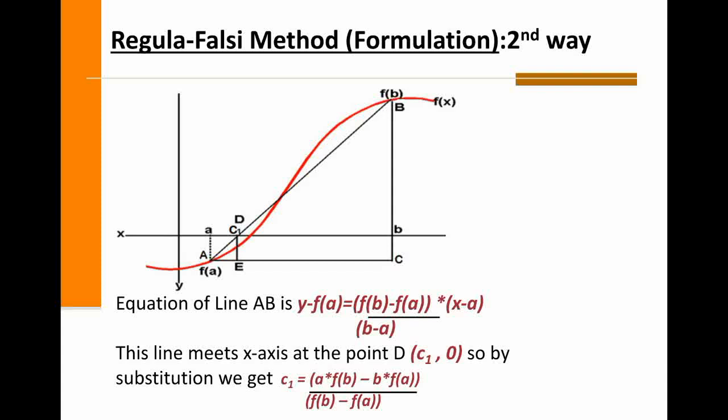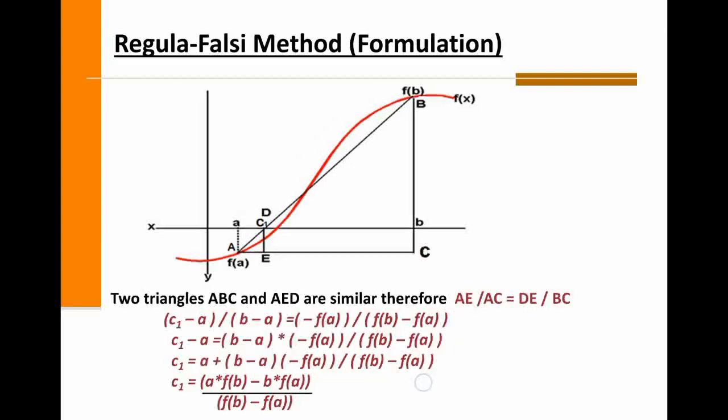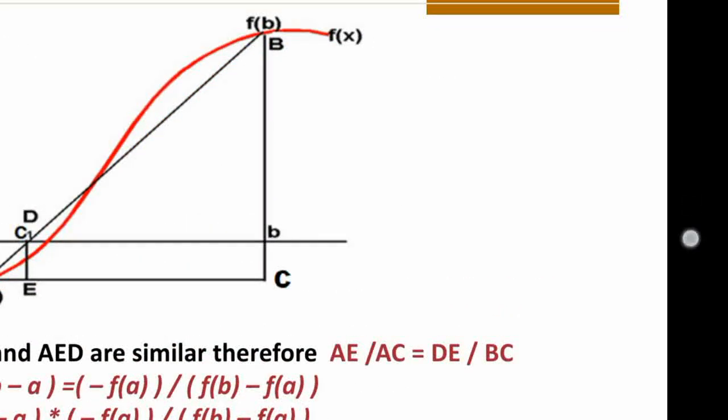In the other methodology, I have used the concept of coordinate geometry. Take the points A, FA and B, FB. The chord, that is the line passing through these 2 points, has the equation y minus y1 equals y2 minus y1 over x2 minus x1 into x minus x1, right?